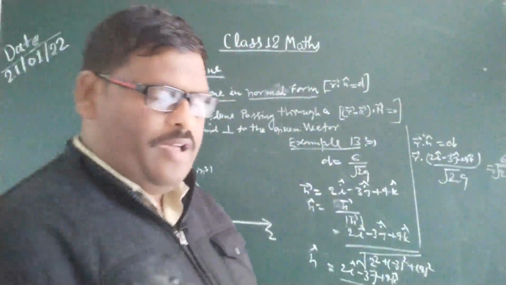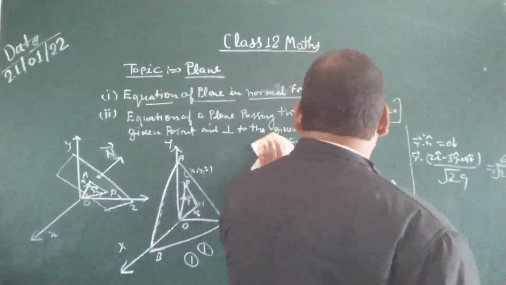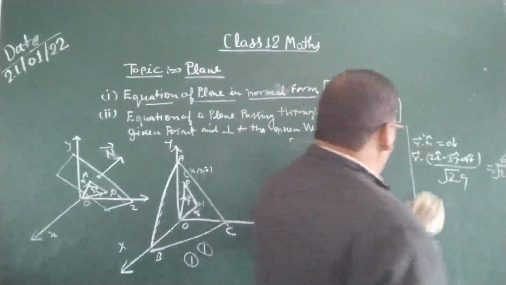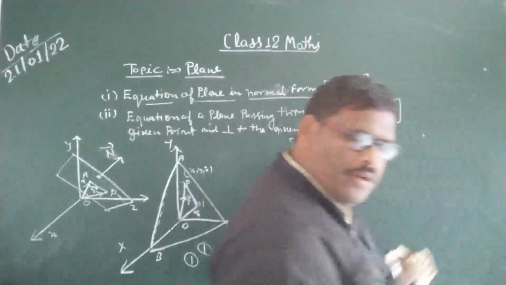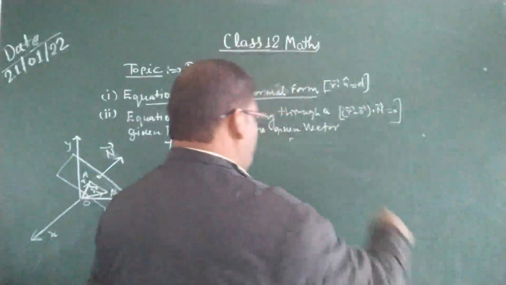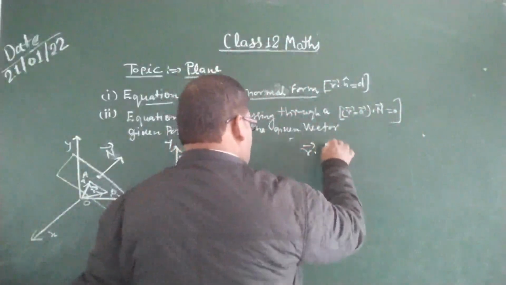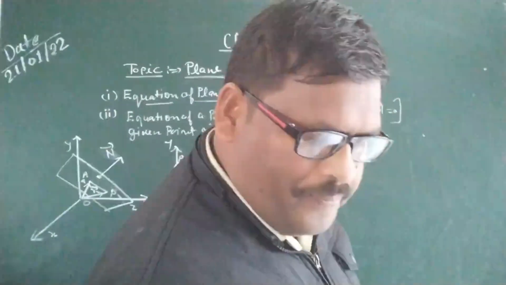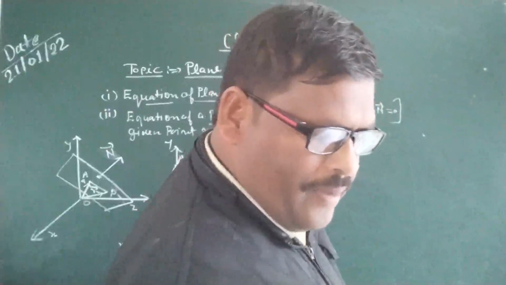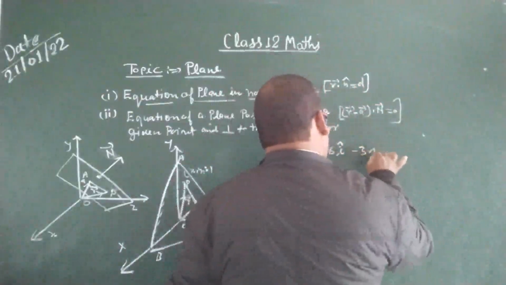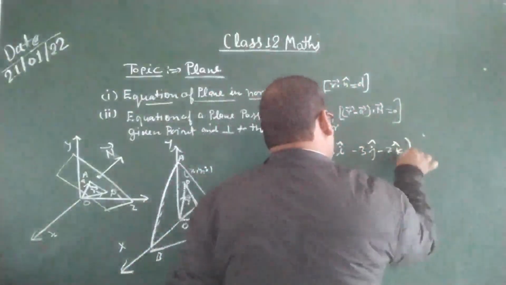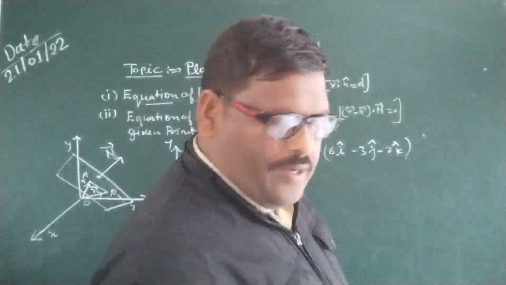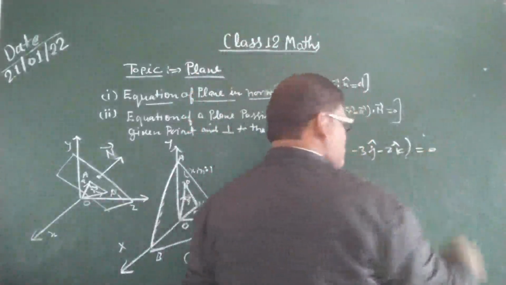Pay attention here. Given that a plane passing through the origin, that is r dot (6i cap minus 3j cap minus 2k cap), vector r dot vector n is equal to 0.